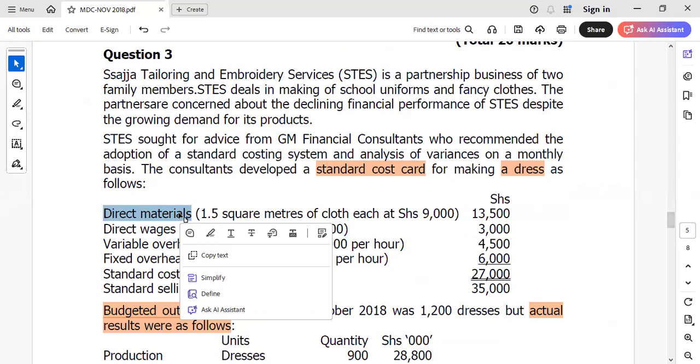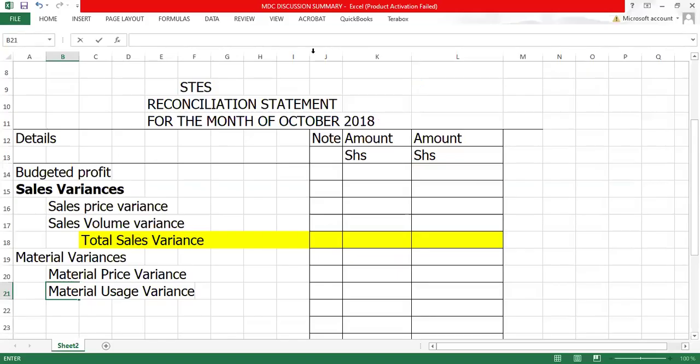Now, material price, material usage. You understand that as a company, you purchase materials. I'm going to explain these things as we do. What is material price? What is material usage?